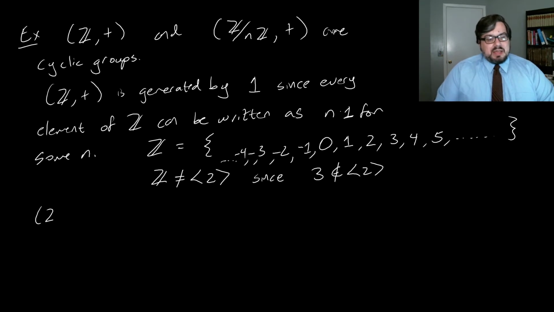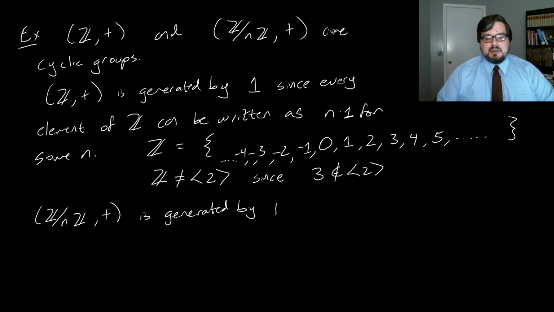Now, similarly, we have that Z mod nZ with addition is generated by 1 bar, the equivalence class of 1. There are good reasons why the generator of Z gives us a generator of Z mod nZ, which we will get into at a later point.